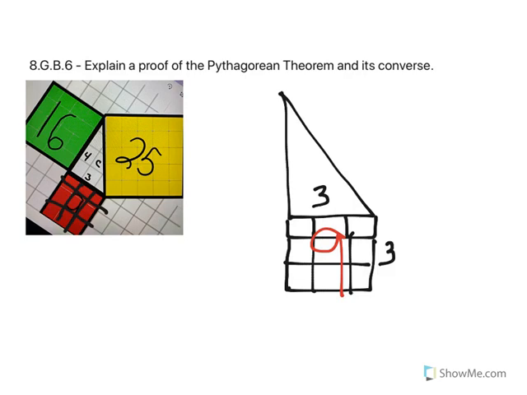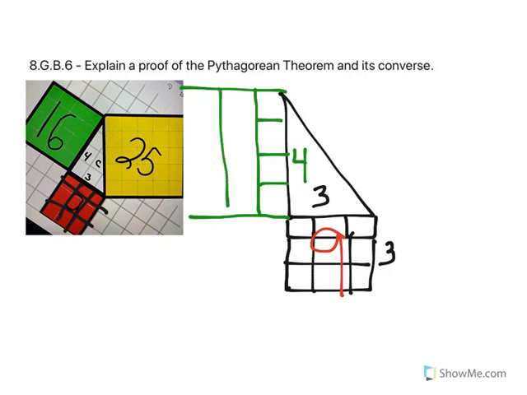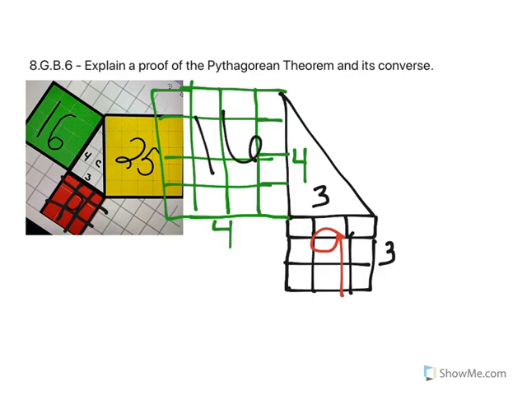Going out the other direction, we can see that this side is going to be 4. And if we build a square out from that direction, it has to be 4 rows and 4 columns. And now we can see that that square would have to have an area of 16.